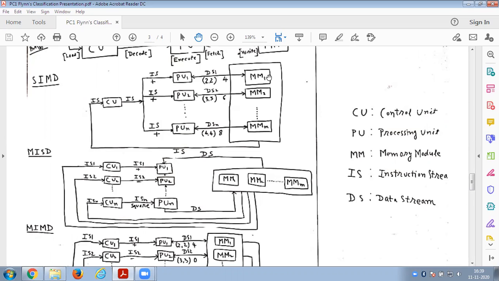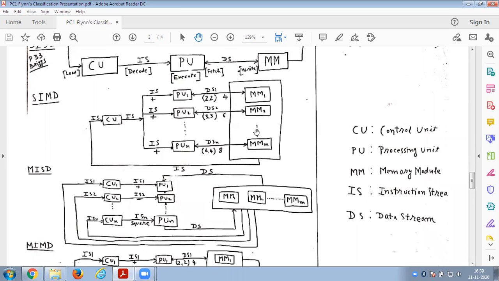So you can see that memory is divided into various memory modules, MM1 up to N, and the instruction is taken from memory to the control unit, that is called load operation, as I told here also. This instruction is decoded by the control unit, and this decoded instruction is given to different processing units. That means the same instruction is given to different processing units or ALUs.